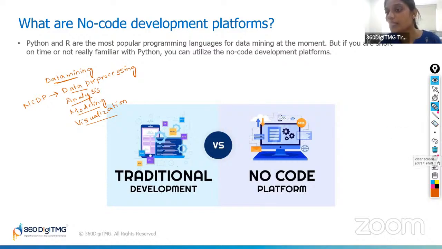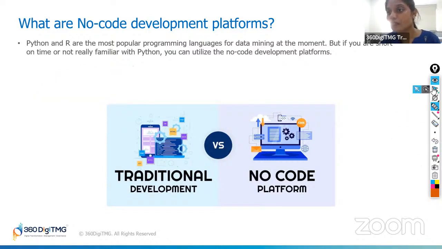Just a second, let me delete this one. Okay, what is the next thing? This we have discussed. The most popular programming languages for data mining, which is the coding part, are Python and R. But if we are short on time or not really familiar with Python, that is why I told you about no-code development platforms.